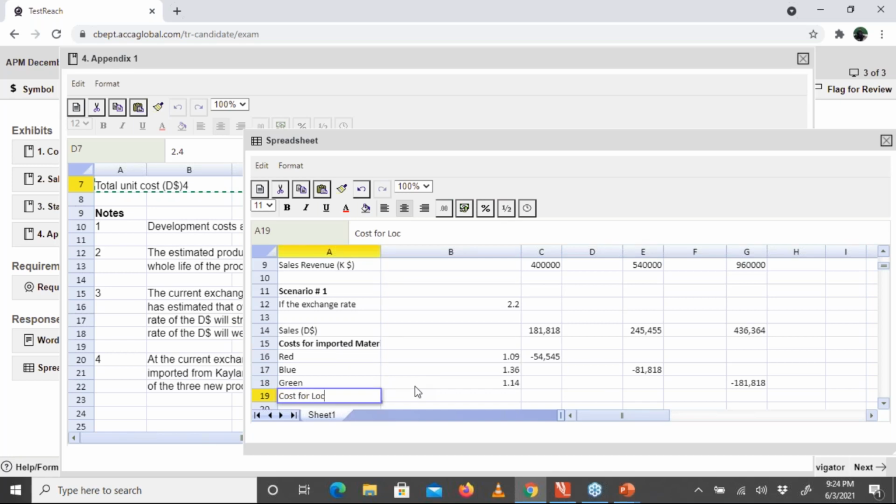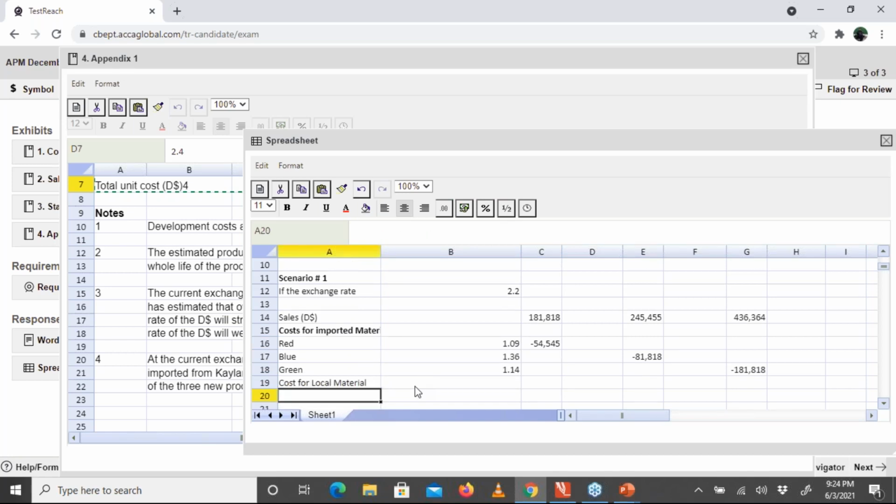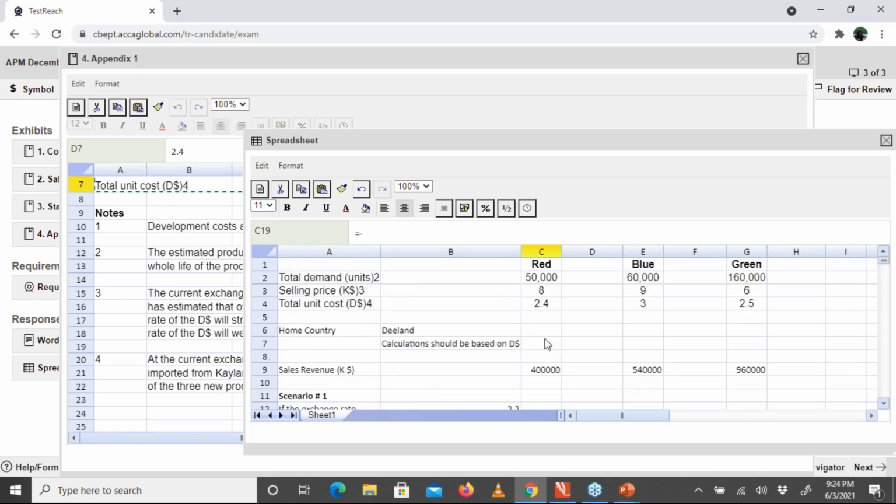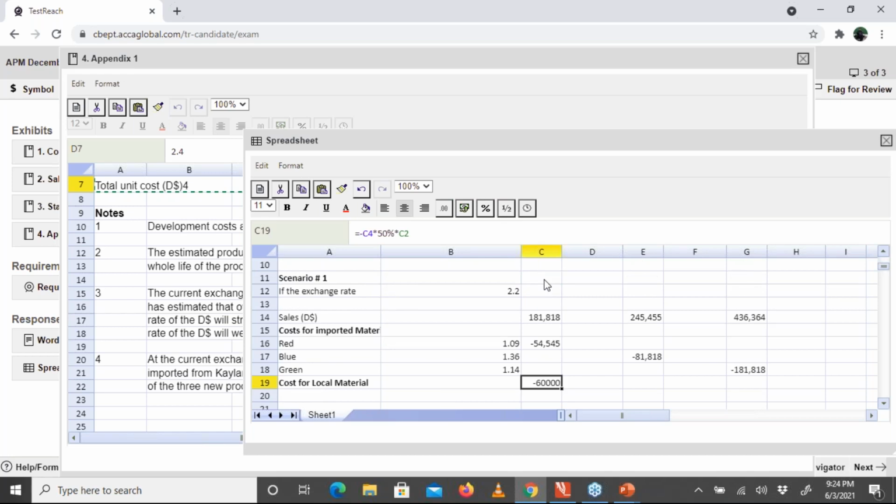Cost for local material is going to be what? It equals this minus this, times 50%, multiplied by this. So this is actually going to be 60,000 here, this, then this.